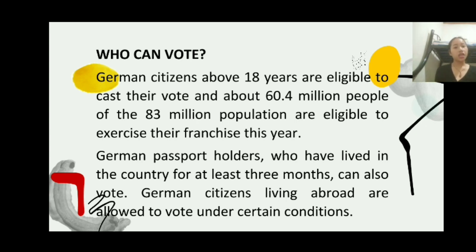So every German citizen has the opportunity to cast their vote.